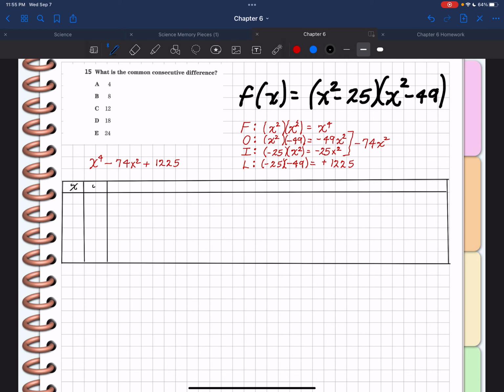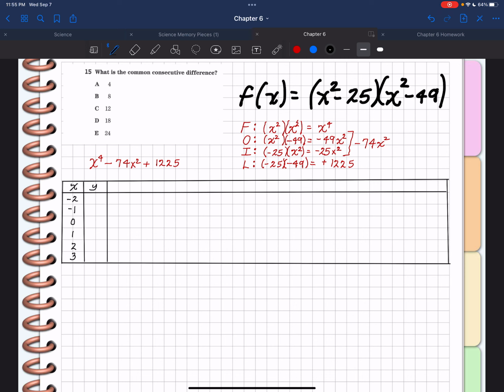I'm going to pick -2, -1, 0, 1, 2, and 3. And we do have to do the work on this one. And I think I'm going to do it down here. I'm not going to try to do it up there because I'll run out of room.